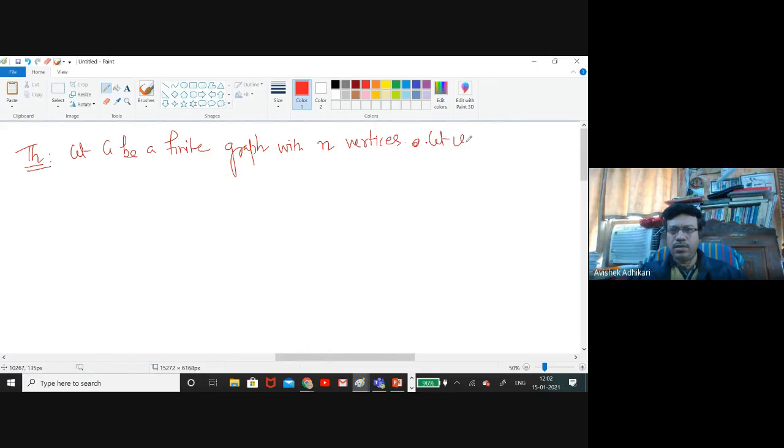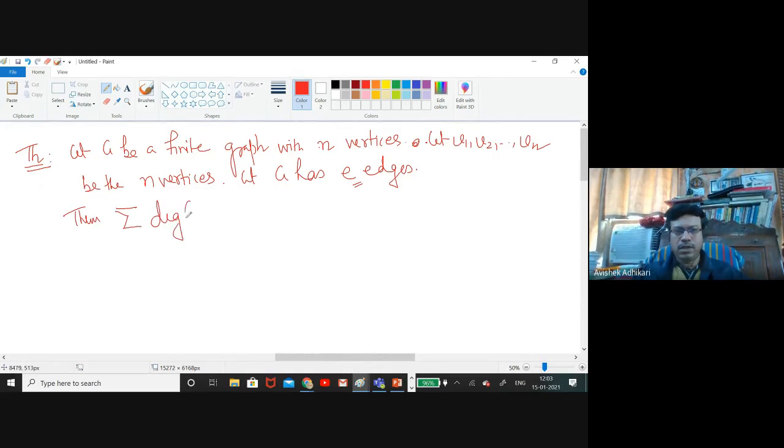Let V1, V2, ..., Vn be the n vertices. Let G have E edges. So there are E many edges. Then the theorem says that the sum of the degrees of all these vertices should be twice the number of edges.